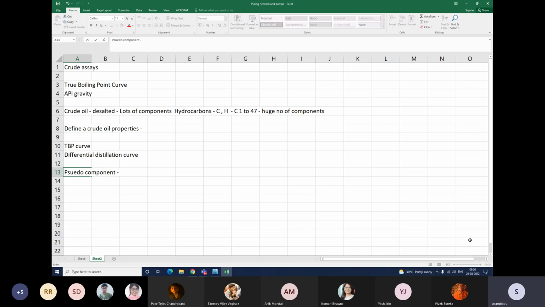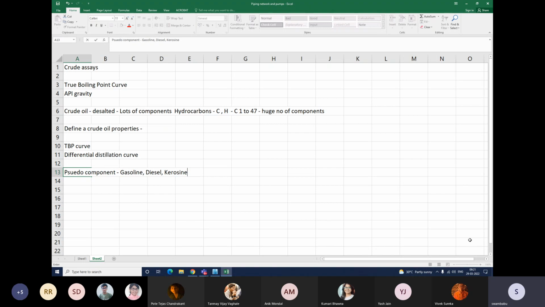Those pseudo components could be gasoline, diesel, gas oil, or kerosene. These are all pseudo components because we cannot define exactly what components are there. We can only say it varies from C3 to C7 or C10 to C13, giving only the range. But we can say predominantly linear chain or branched chain hydrocarbons are there.